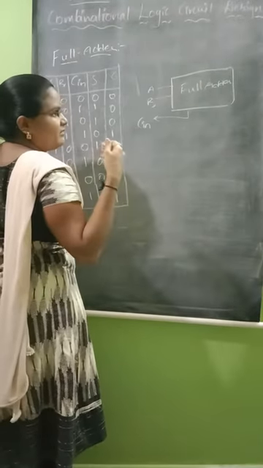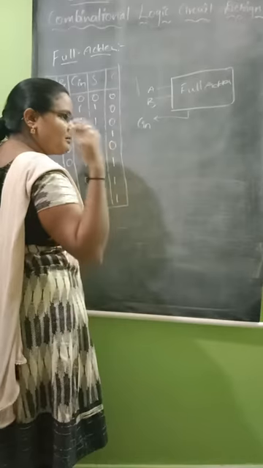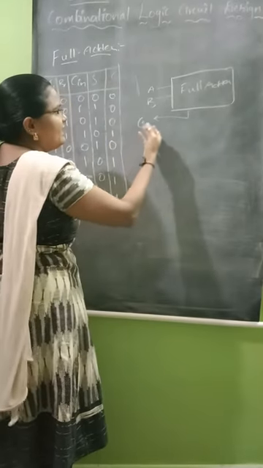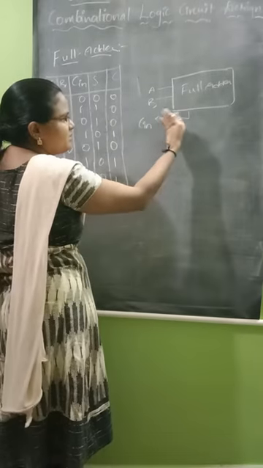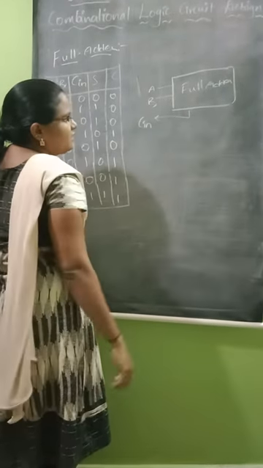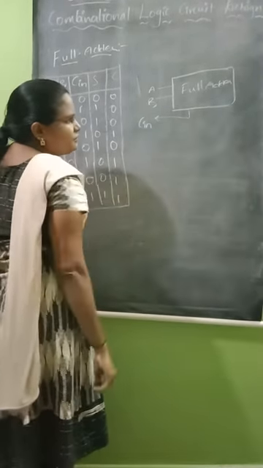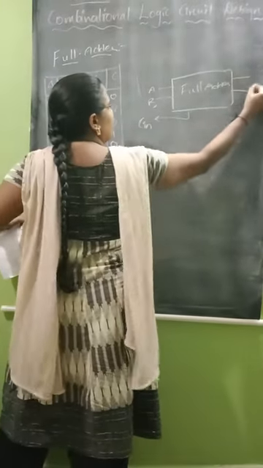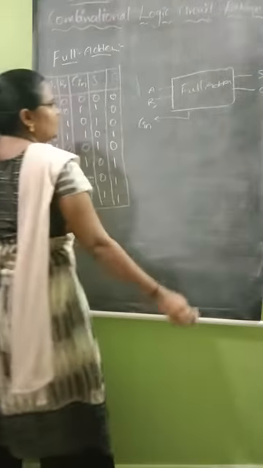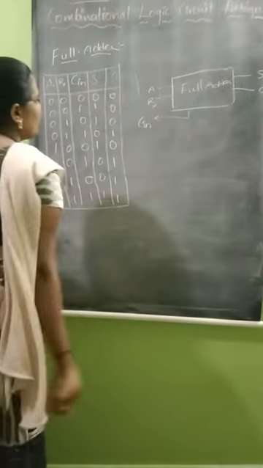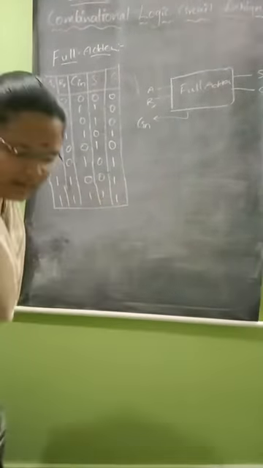The carry we got from the half adder is connected to the input of the full adder. So here sum and carry out. This is the block schematic of the full adder.